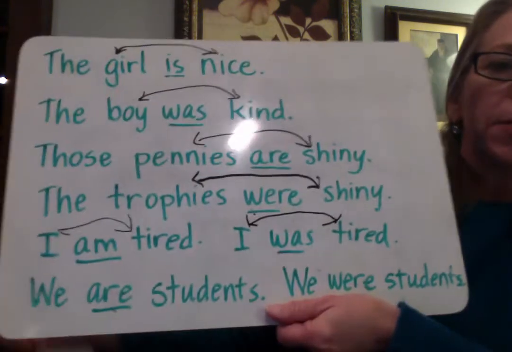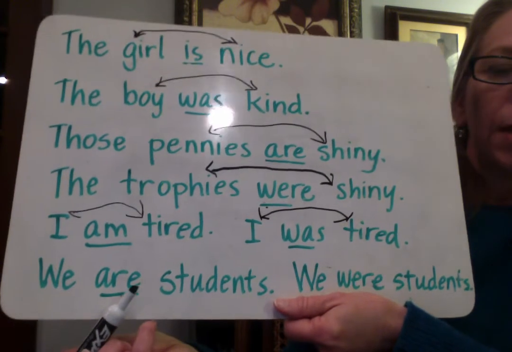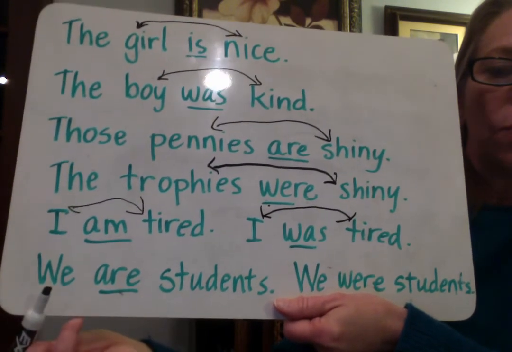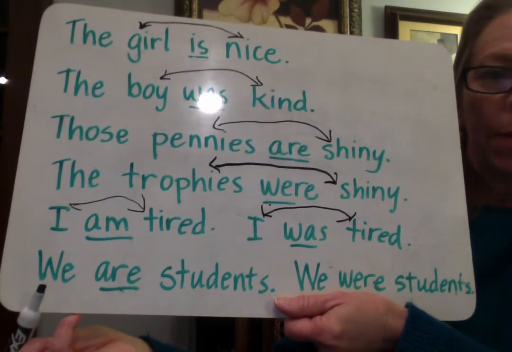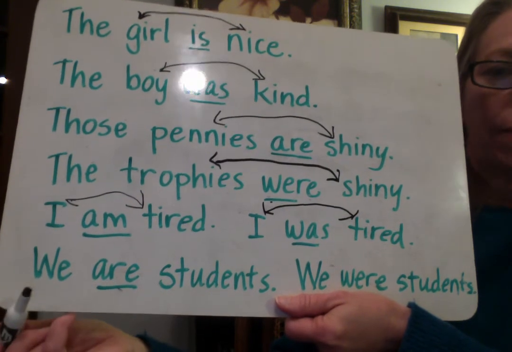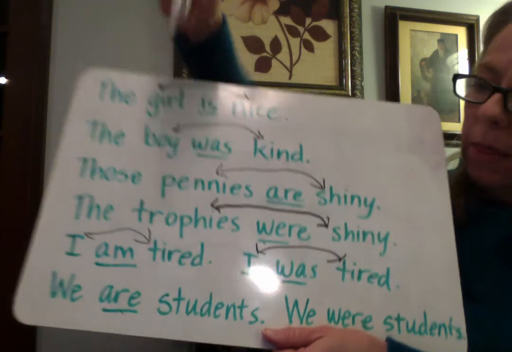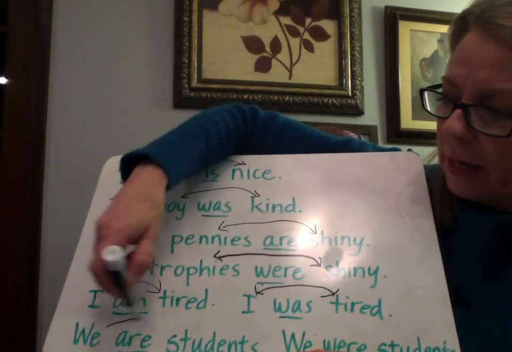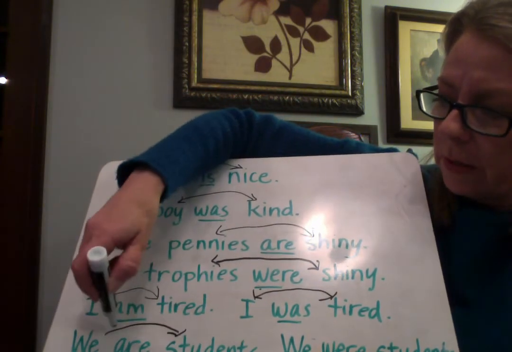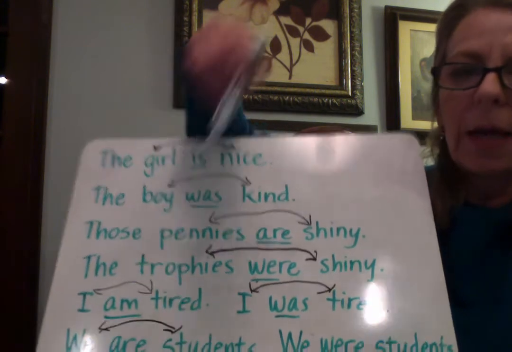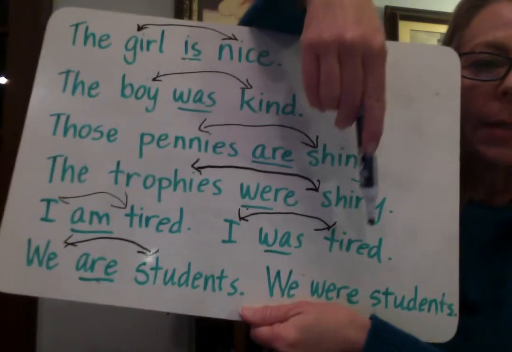Okay, so here's a linking verb with the present tense, and we're using we, which is plural, right? It means you and me, or all of us, right? We are students. Okay, so this linking verb connects we with students. It describes we, okay? Now we can also put it in the past tense, okay?